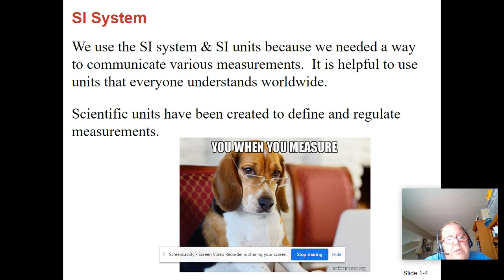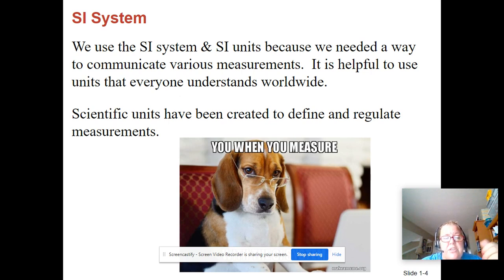So we use the SI system, which is called the metric system, in units because we need a way to communicate various measurements in a helpful way. In other words, before, people would just say 10 meters or 10 feet, and there's a difference between those two.